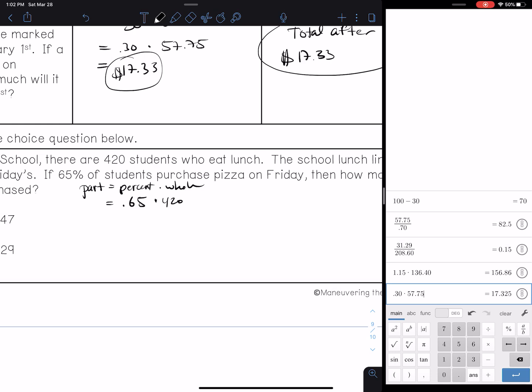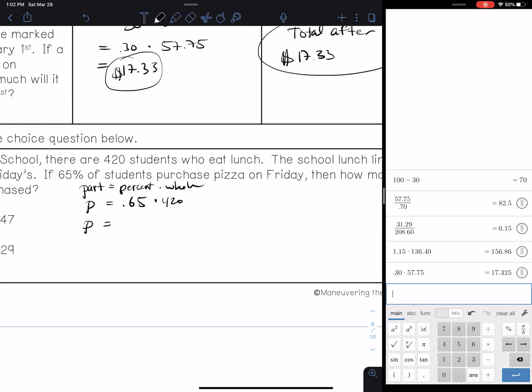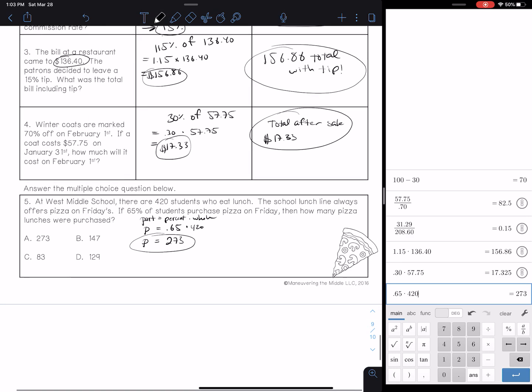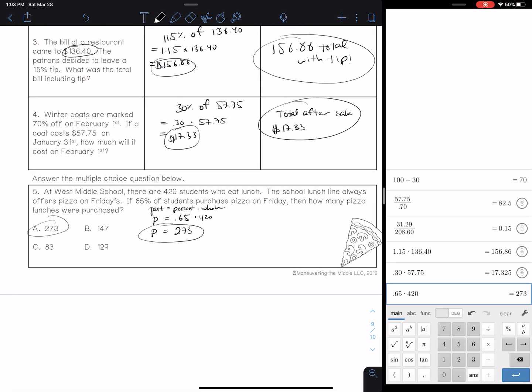All right, the part is the missing value, of course, so P. Multiply this out, and you get 0.65 times 420. And so 273 students purchased pizza for lunch. So that should be A.